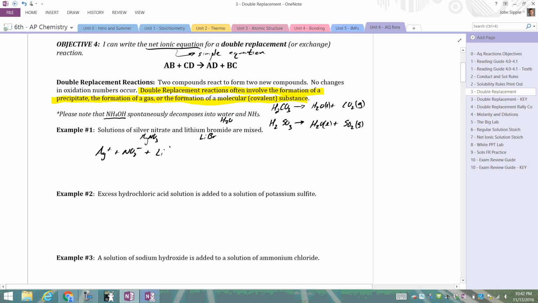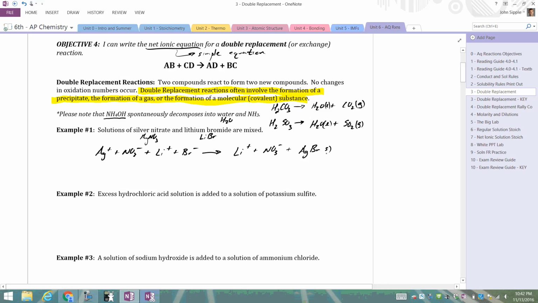So it's going to be Li+ and Br- in solution, and those are going to trade partners to form lithium nitrate, and we know all nitrates are soluble, so we write that broken up into its ions in solution. And that must mean that silver bromide must be a solid here, which it is.